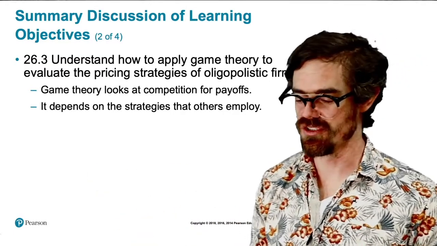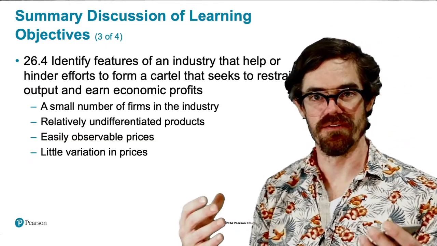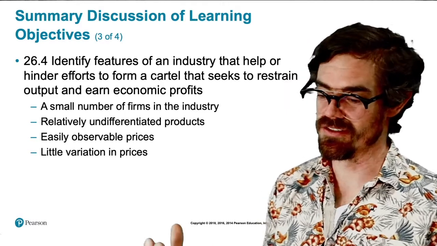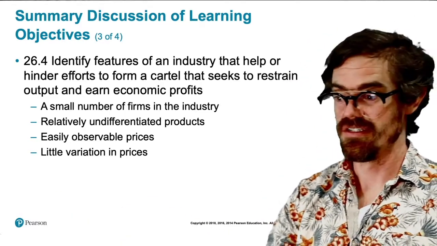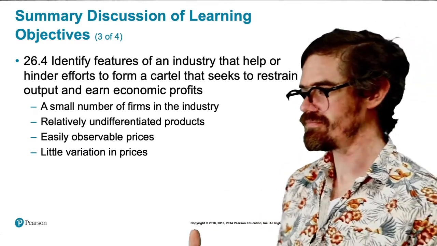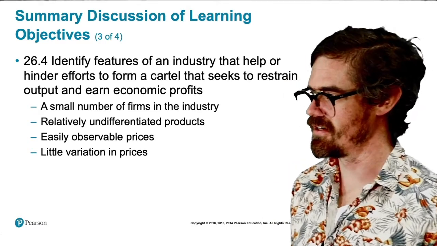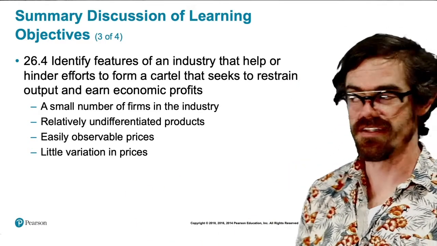But nevertheless, we saw that they're basically in a prisoner's dilemma, and so there are just dominant strategies, right? It actually doesn't matter what the other firm does. You should always charge a low price if you're in an oligopoly. So interesting outcomes there.